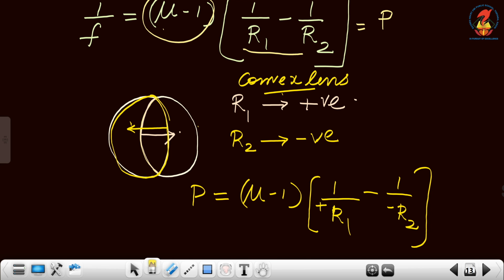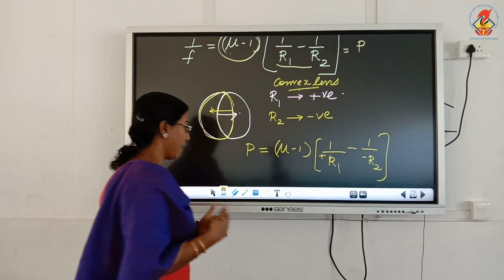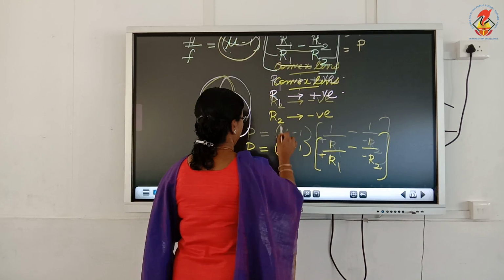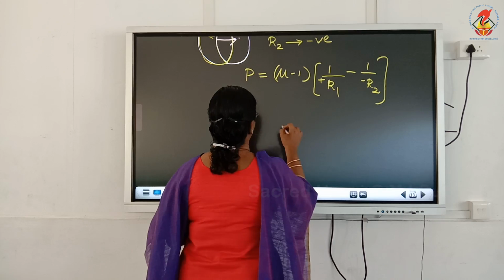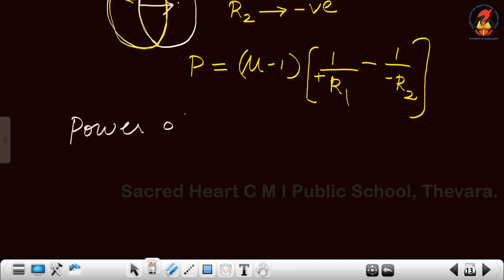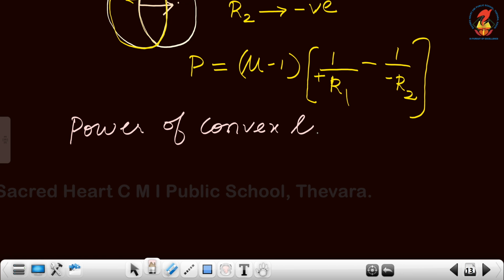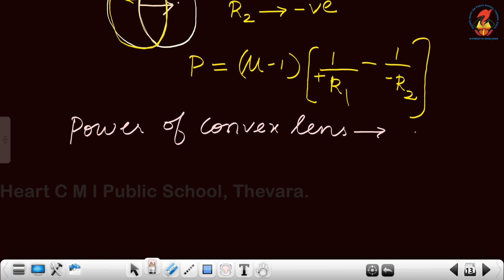So the power of a convex lens is positive.